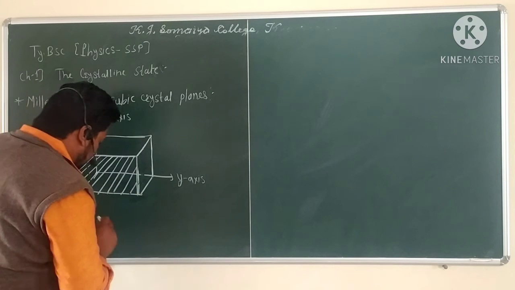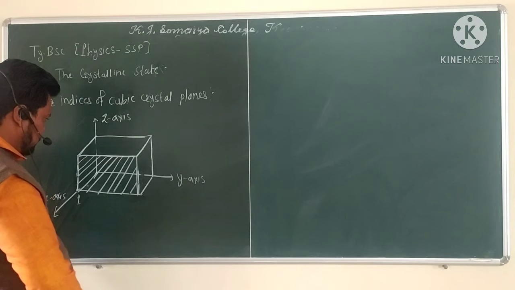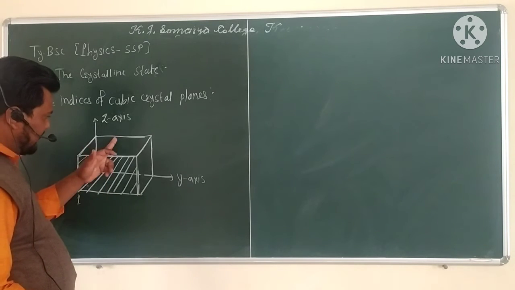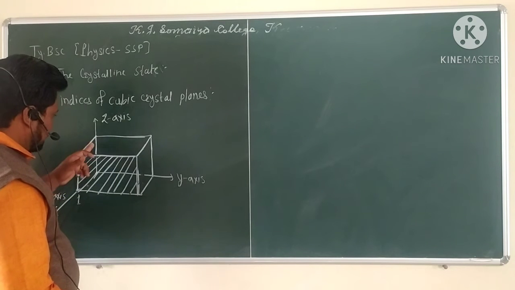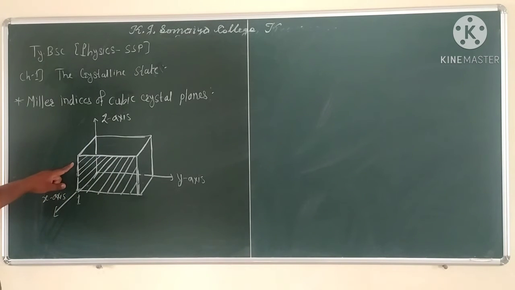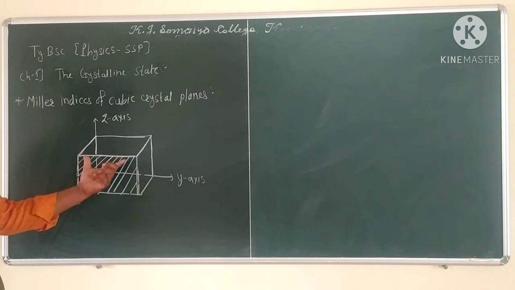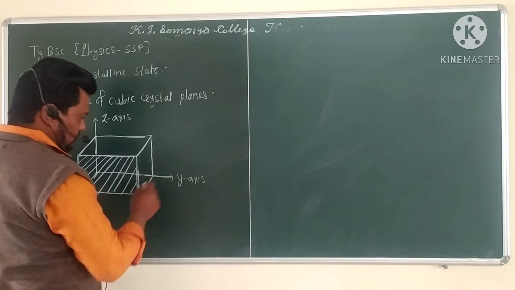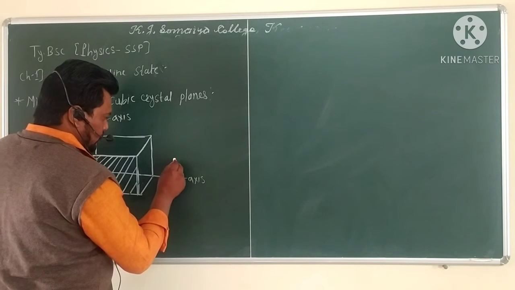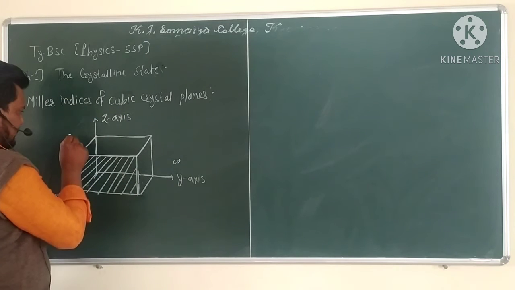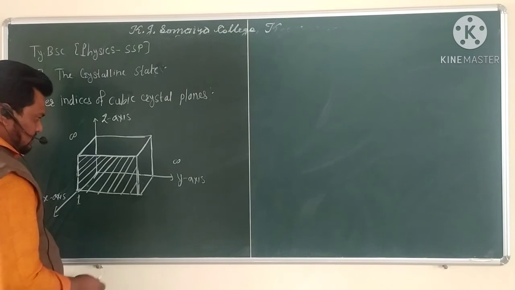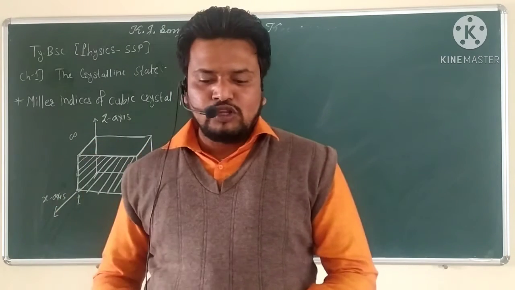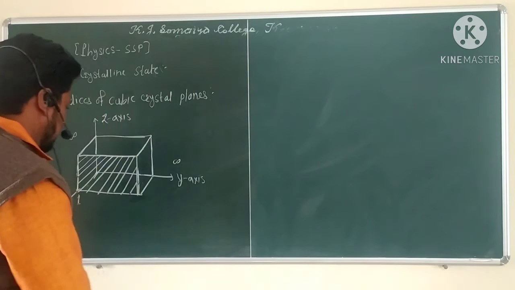If we see here, this plane is parallel to the y-axis and this side is parallel to the z-axis. So on the y-axis the numerical parameter of the intercept is infinity, on the z-axis the numerical parameter is also infinity, and on the x-axis the numerical parameter is 1.